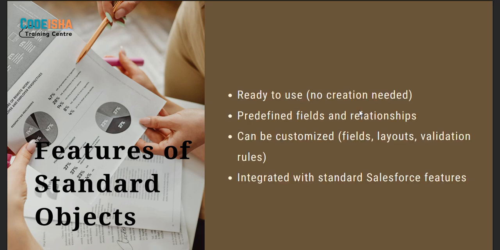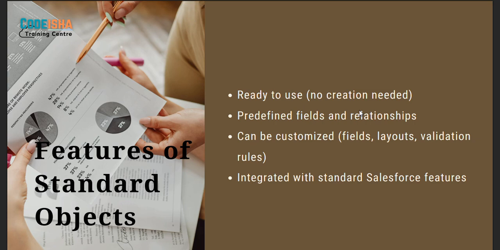They are ready-made to use, so we don't need any creation for that. The fields and relationships are predefined. They can be customized, including fields, layouts, and validation rules, as per our business requirements. And they are integrated with standard Salesforce features, so all the standard objects are integrated with standard Salesforce features.